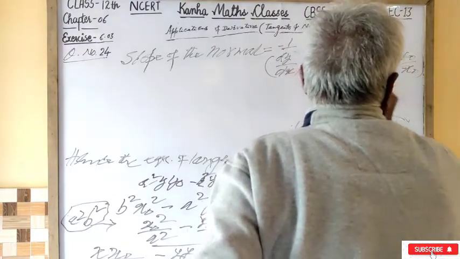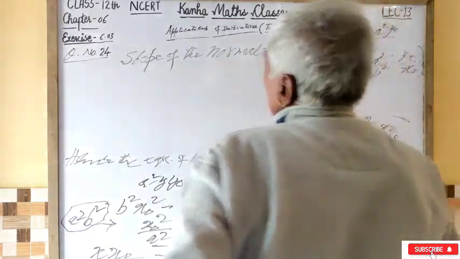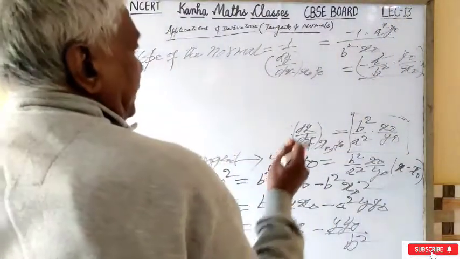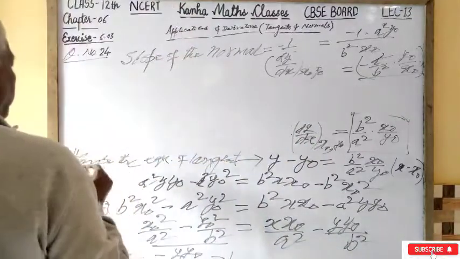This will be the slope or gradient of the normal, hence the equation of normal.